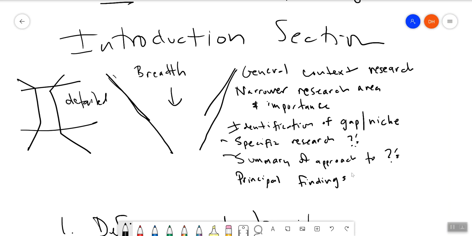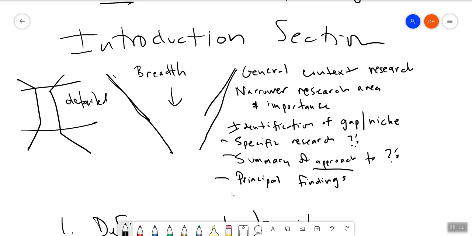Because you're going to then give a summary of your approach to these research questions. So the research questions, you'll notice, follow from the gaps in existing research or in existing experiments or in the existing data. Why do these gaps exist? What's the context of what we are seeking to answer? How did you approach the answer?